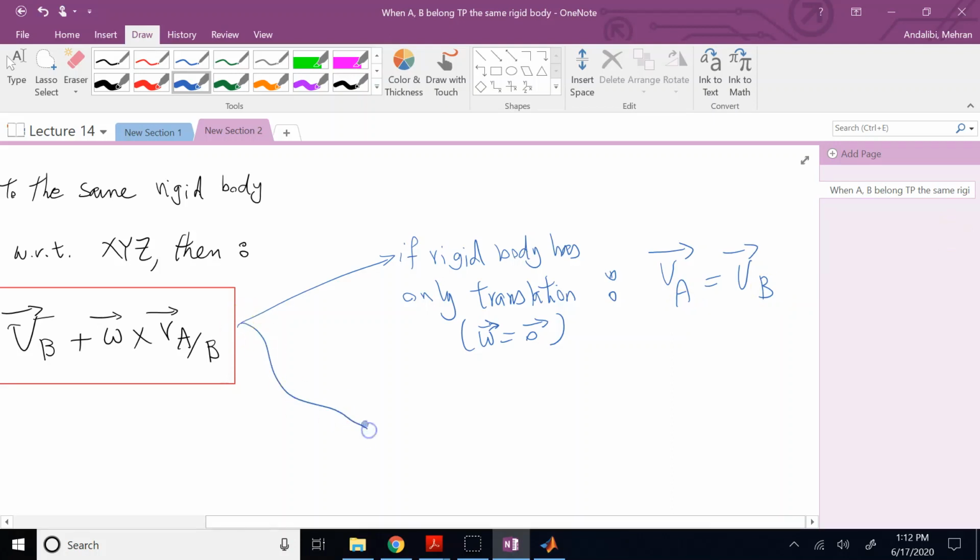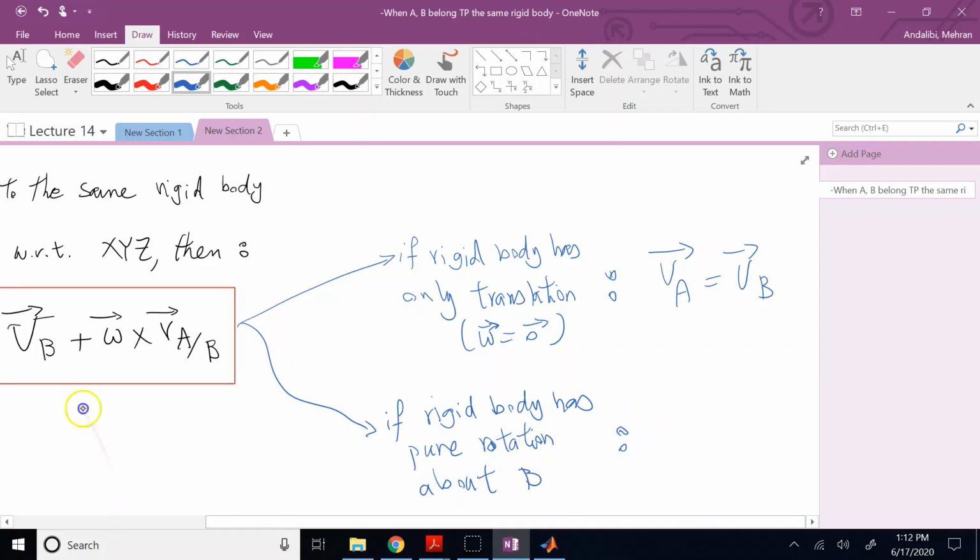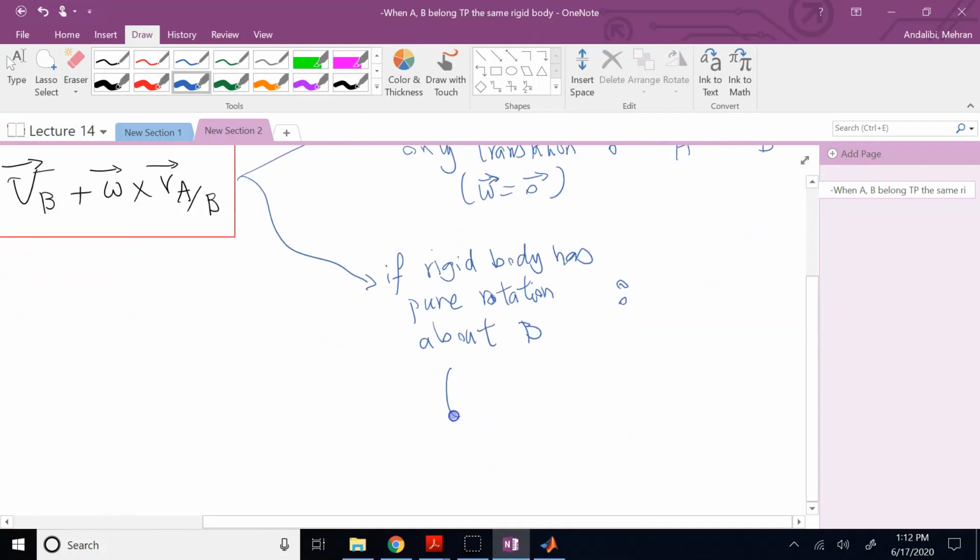Now, on the other hand, if the rigid body has pure rotation about B, so consider that point B is the center of rotation. If point B is the center of rotation, it means V of B is equal to 0.